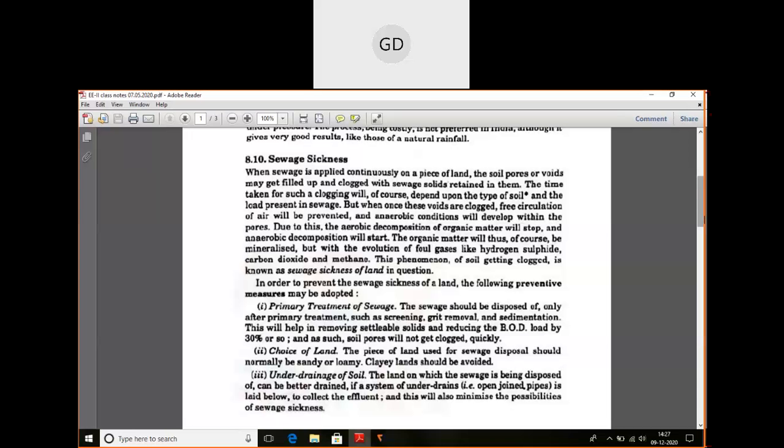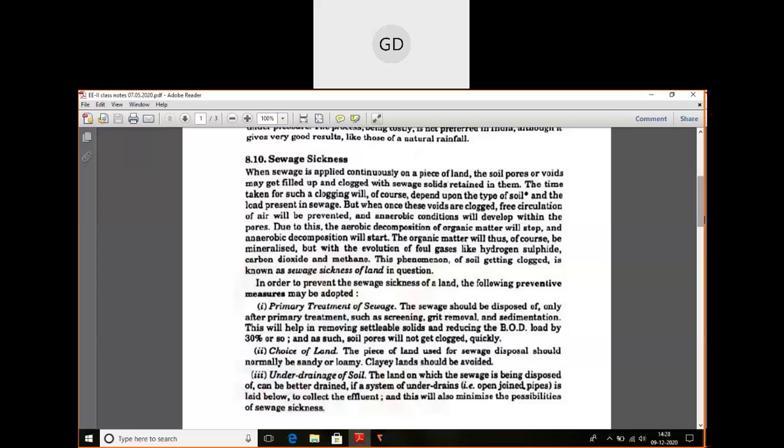Okay, so when these aerobic conditions stop, the aerobic decomposition of organic matter will stop, and anaerobic conditions will develop, so the organic matter will be mineralized.